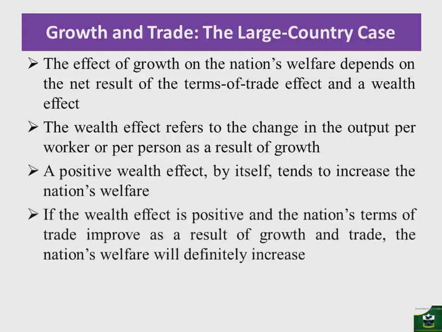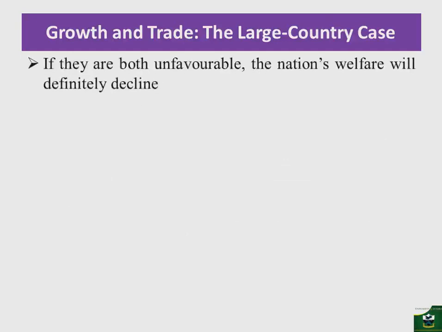And if the nation's wealth effect is positive and the nation's terms of trade improve as a result of growth and trade, then the nation's welfare will definitely improve, because there is an improvement in the wealth effect as well as an improvement in the terms of trade. On the other side, if they are both unfavorable, then the nation's welfare will decline.